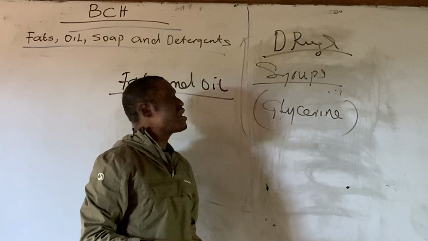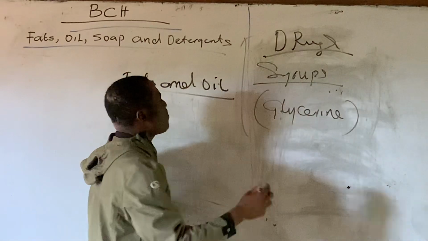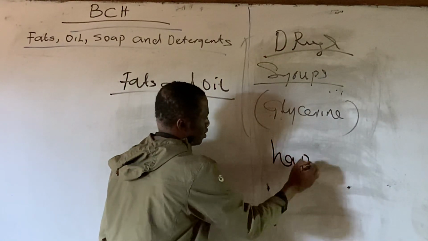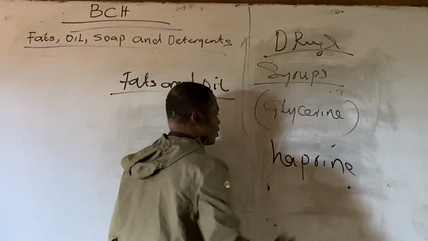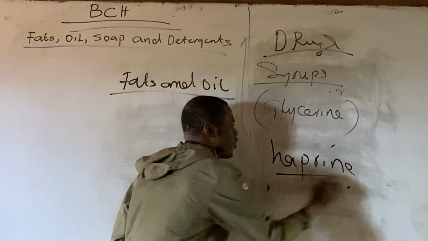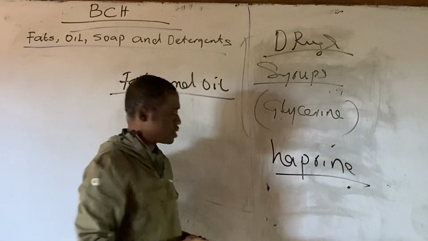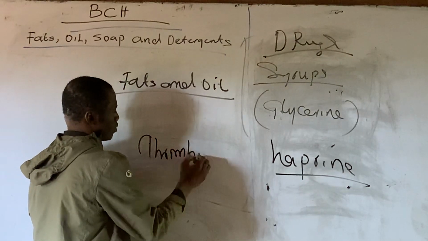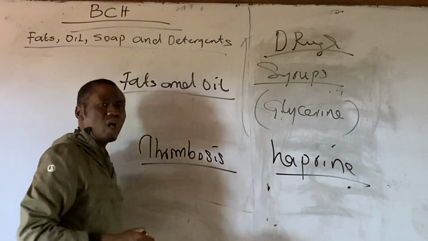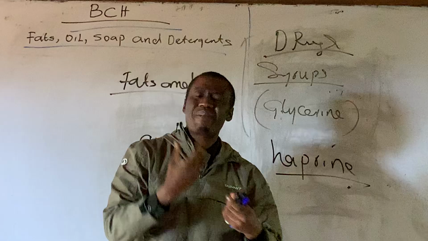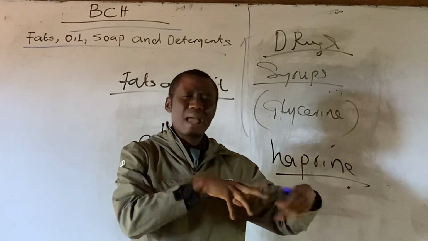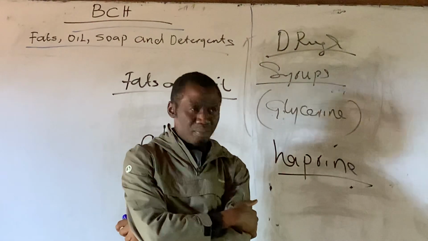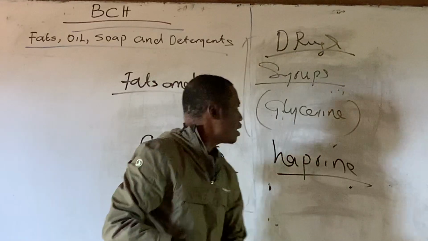Meanwhile, other fat drugs like heparin. If you have a person suffering from thrombosis, blood clots, when the person takes heparin, it will help to dissolve the blood clots. Alright, let's leave those things.